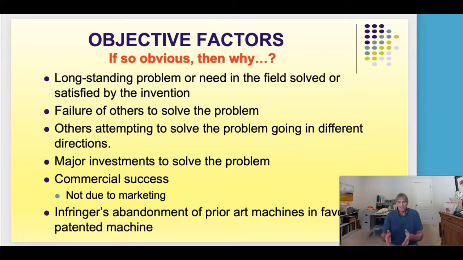Look at my commercial success. How do you explain that if this were so obvious? Wouldn't others have already done it? Oh, and I put a sub-bullet here because you might hear a counter-argument that the sales were due to heavy marketing and not because the invention was so impressive. Okay, well, you get the idea.